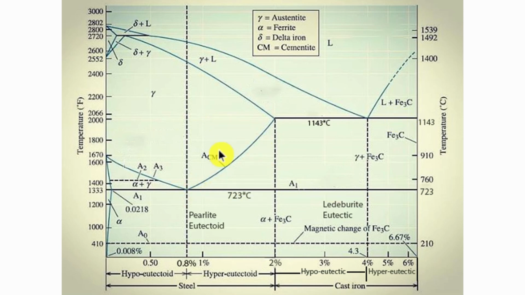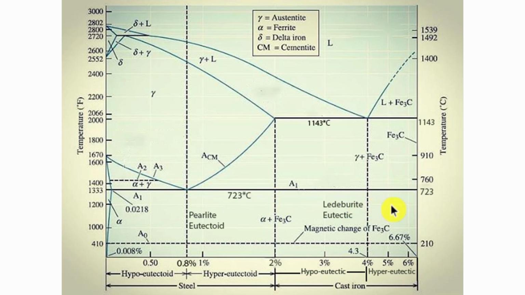When it passes through this curve, it will form austenite and cementite. When it is further cooled below 723 degrees centigrade, it will form ferrite and cementite. So in the entire carbon steel region, you select any carbon percentage, below A1 temperature it will form ferrite and cementite. So this is the importance of A1 temperature.